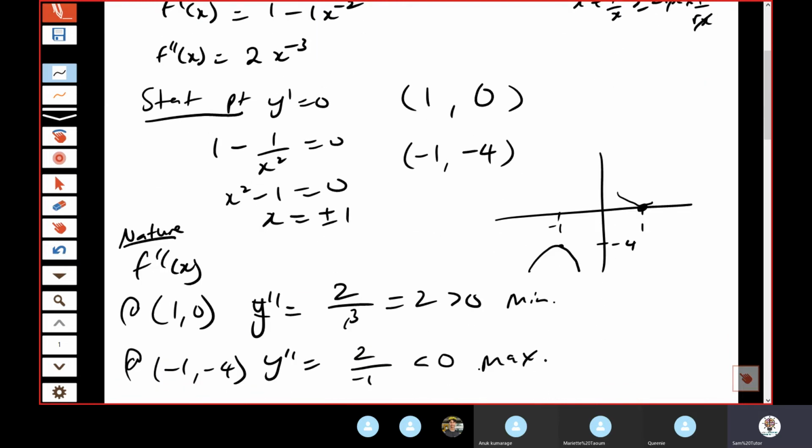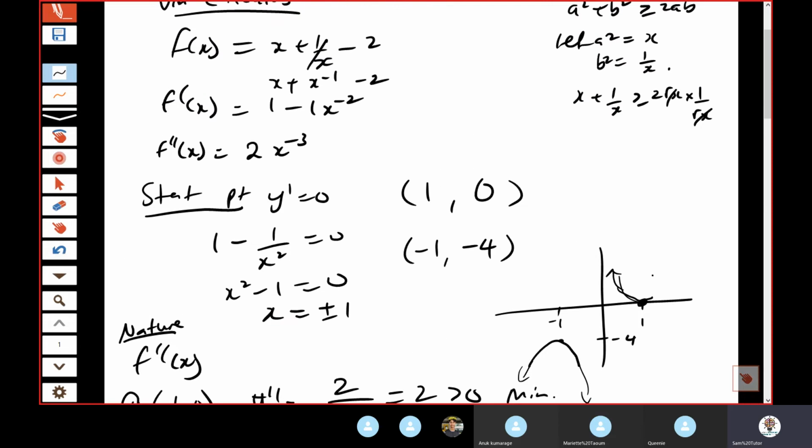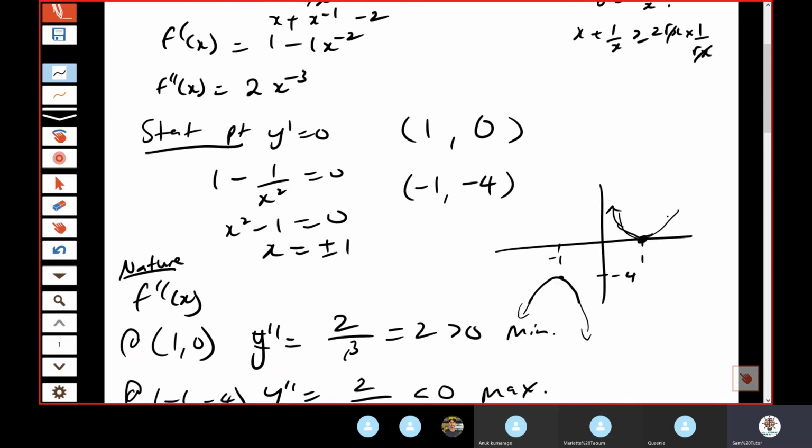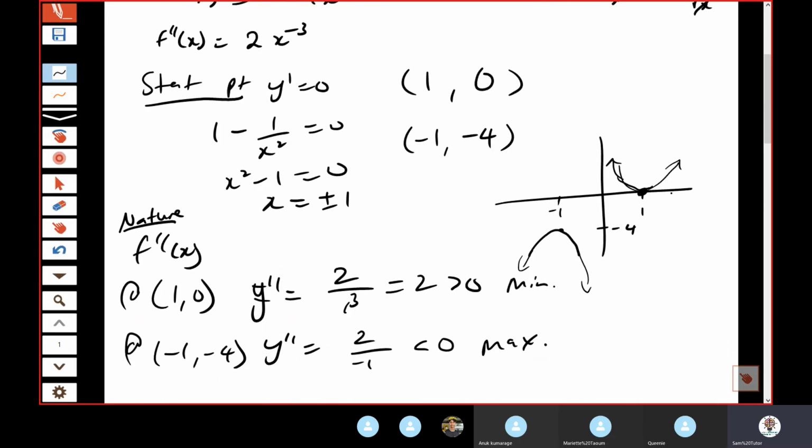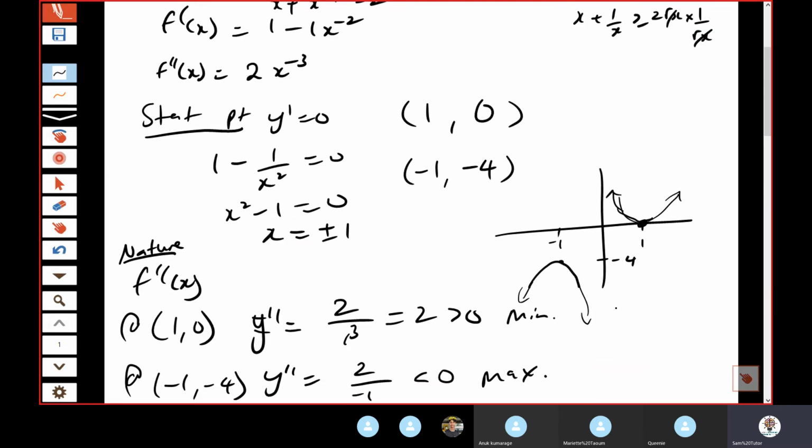It is a maximum turning point. This is at 1 and 0. 1 plus 1 is 2. 2 take away 2 is 0. What just happened?